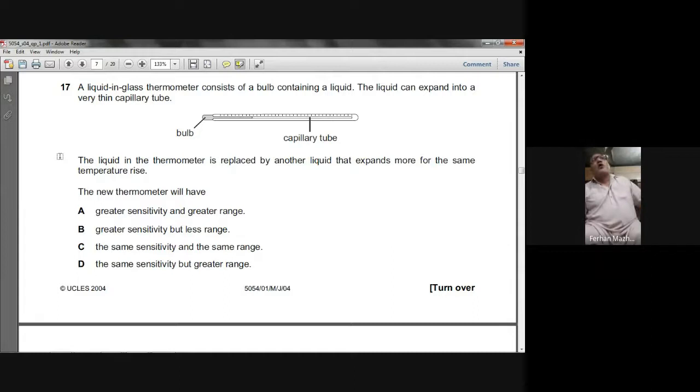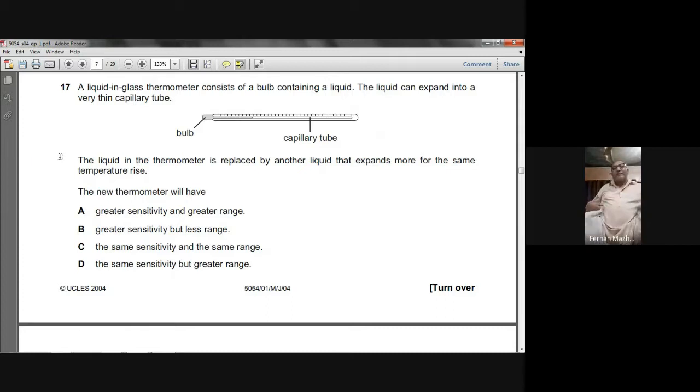The new thermometer will have, you see, if you remove the liquid in the thermometer and put in a new liquid which expands more as compared to the previous liquid, the thermometer will become more sensitive because it will expand more for the same temperature.